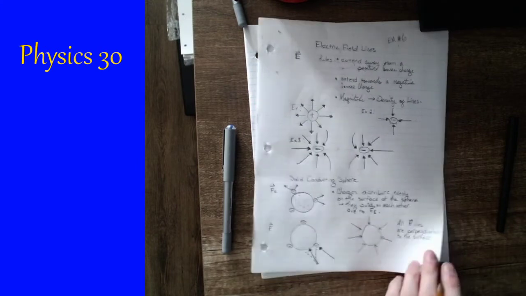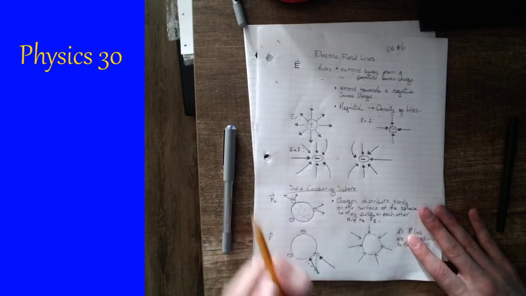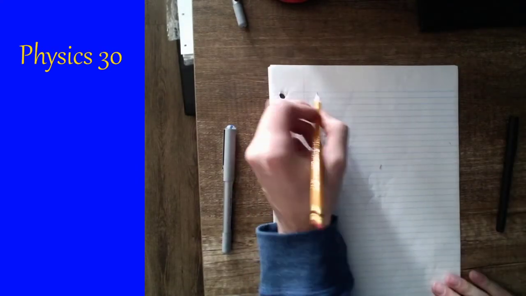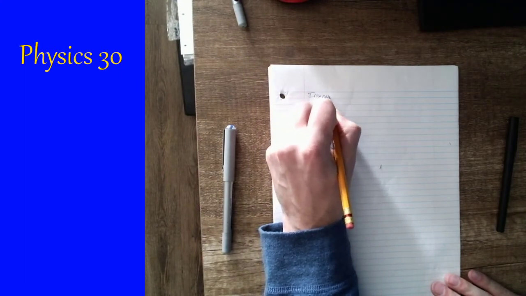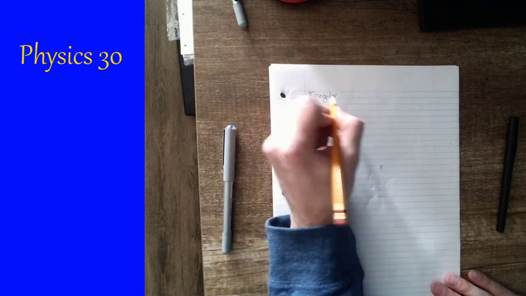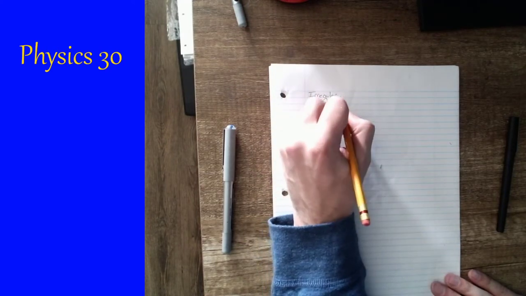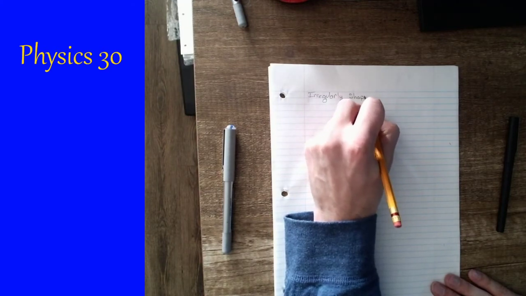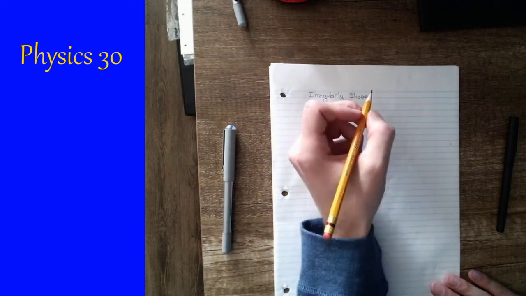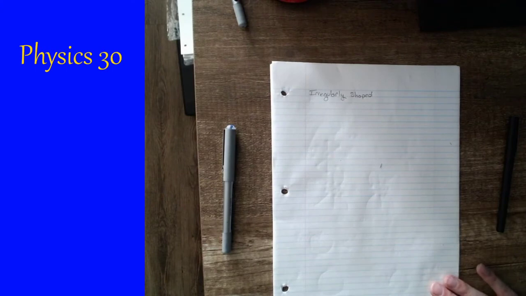Okay, so that's the first object that we're going to look at, followed by the irregularly shaped solid conducting object. So a sphere is very nice, it's very uniform, it's very symmetric.